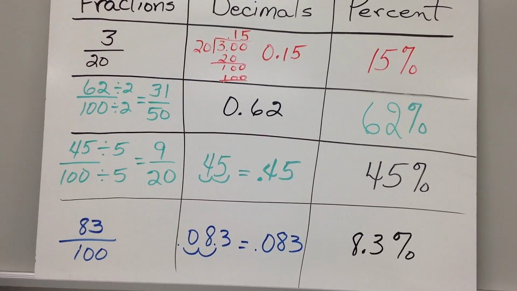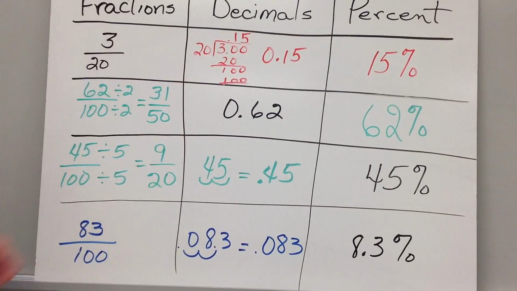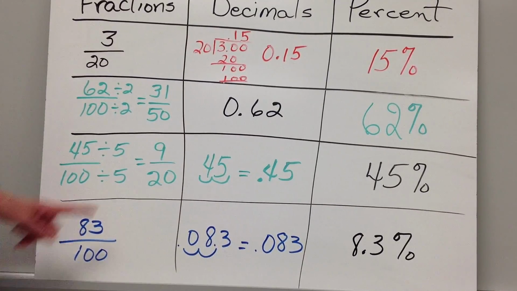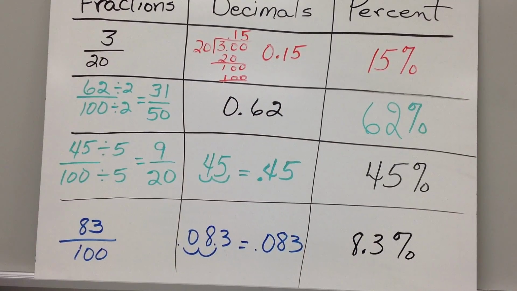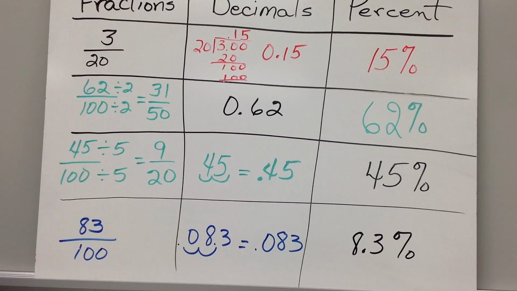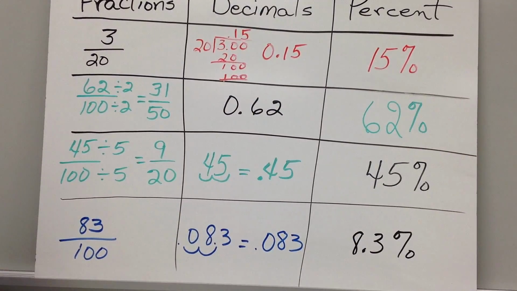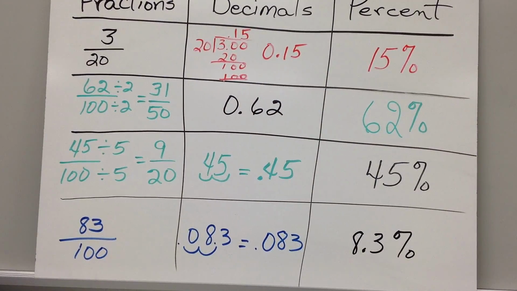If we start with the fraction 3/20, we can make it a decimal by taking 3 divided by 20. We get 0.15. That's the decimal. To change that to a percent, we move the decimal point 2 places to the right. That gives us 15%.